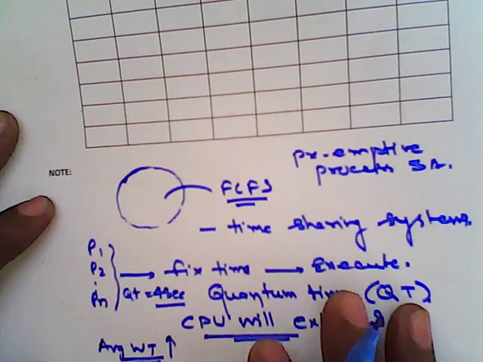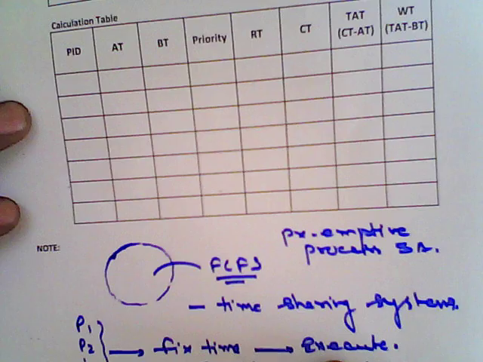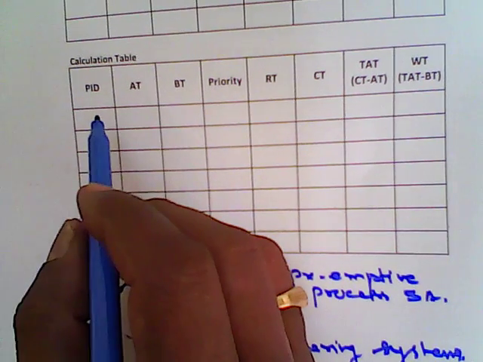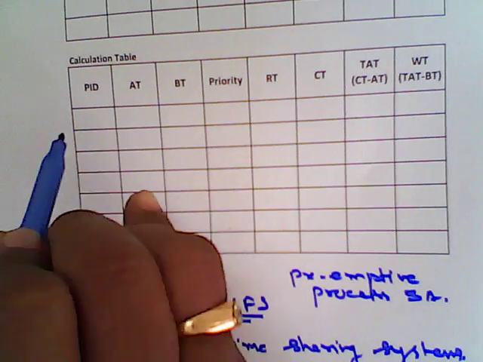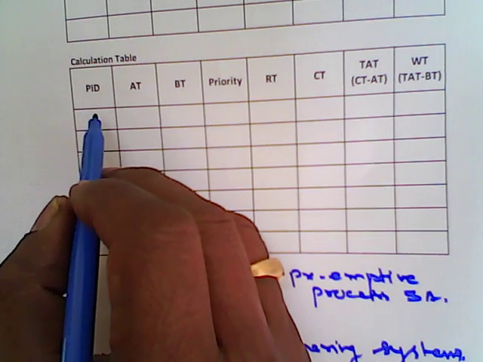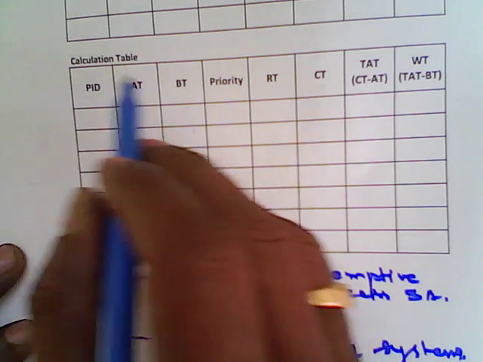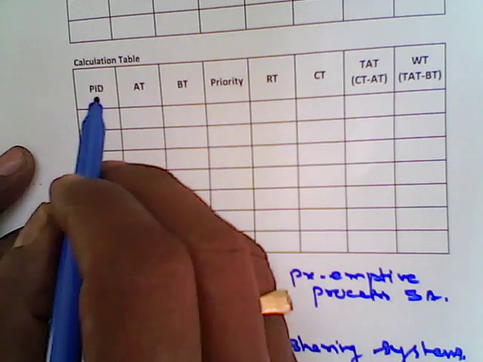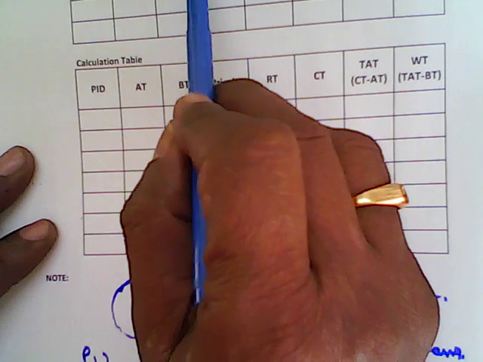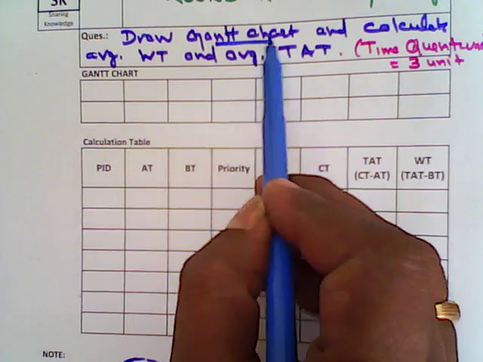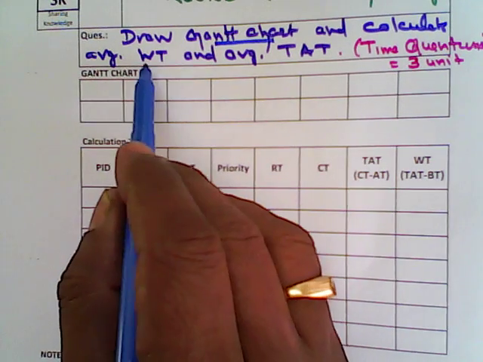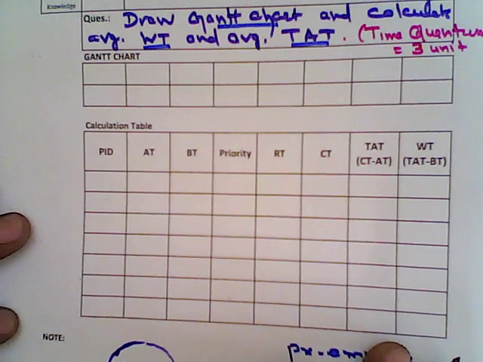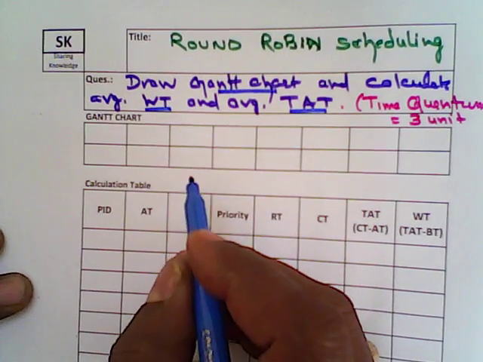Now let us see how this round robin algorithm is going to work out based on a problem. Let us put some questions in these structures with certain PIDs, and based on the PID we will calculate the Gantt chart, and also the wait time, average wait time and average turnaround time, just as we have seen in the earlier discussions.